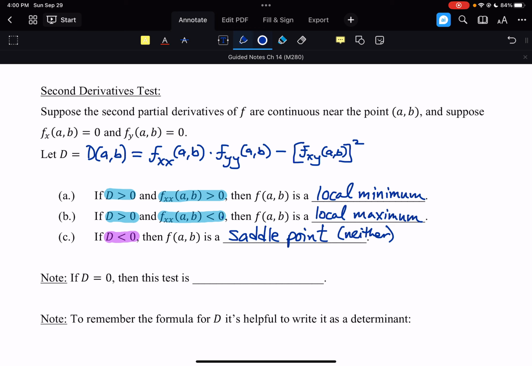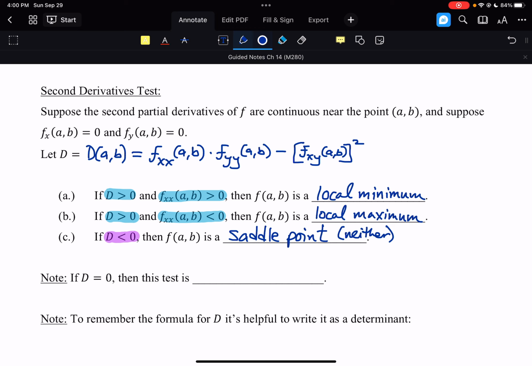If you want to think about these tests in relation to the Calc 1 second derivative test, where we looked at fxx being greater than 0, that's the concavity. So this would be like a concave up graph, and our critical point is down here at the bottom. That's what makes it a minimum. And if fxx is negative, that's really like concave down, so our critical point is up here at the top, which is what makes it a maximum. So it's similar reasoning, but of course in a 3D sense rather than just a 2D curve.